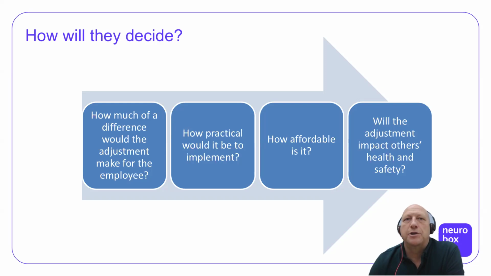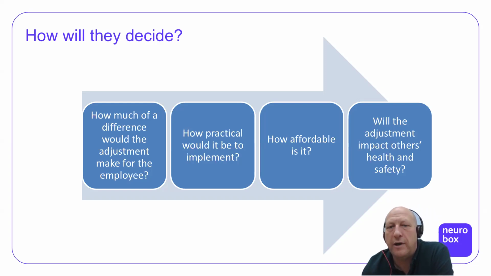The next question that we can apply is how affordable is it? And I've purposely not said how much does it cost, because that's not relevant. What is relevant is how affordable is it? The idea being that it's much more affordable for larger companies. So the larger the organisation, the higher that bar is set, if you like.